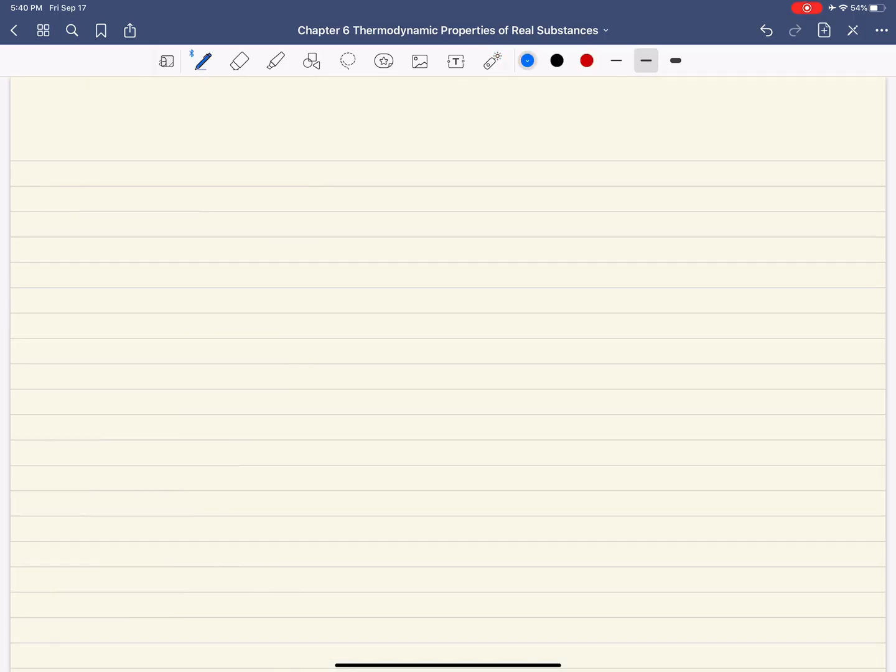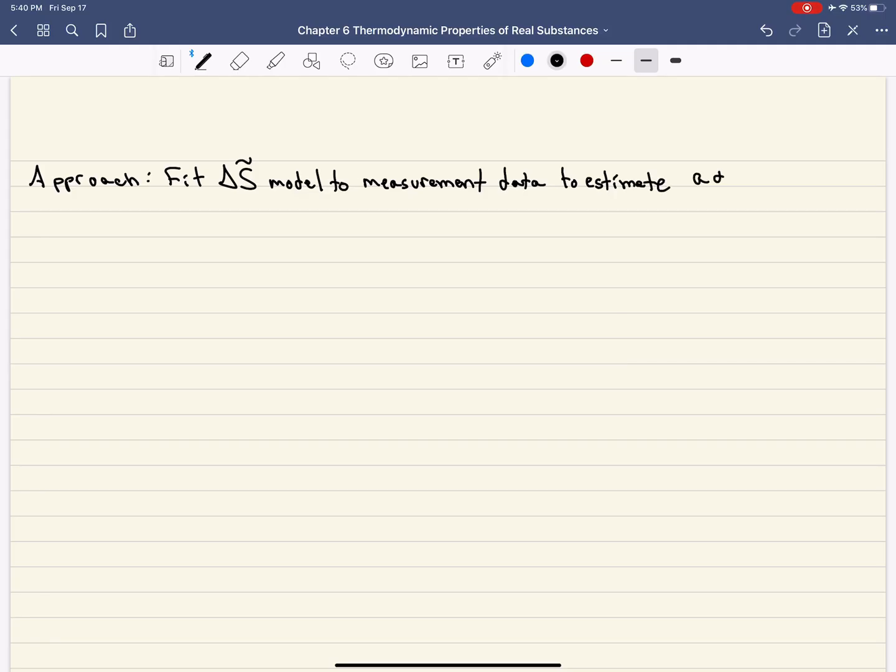So our approach is that we're going to fit delta S model to measurement data so that we can estimate the A and B parameters of this van der Waals gas.